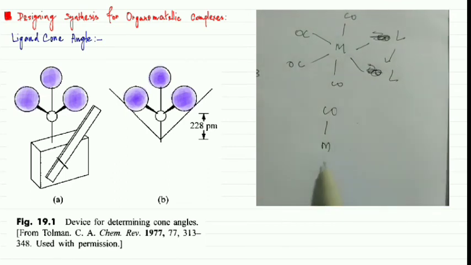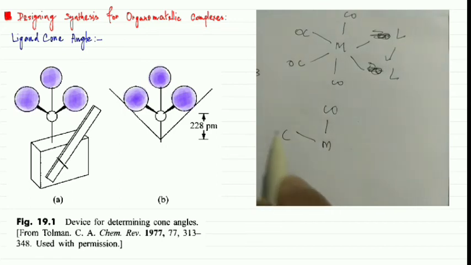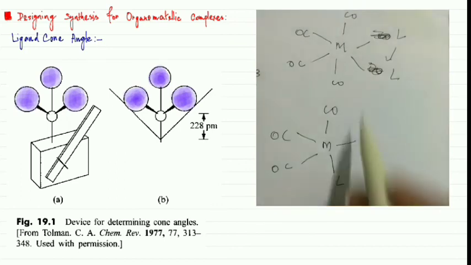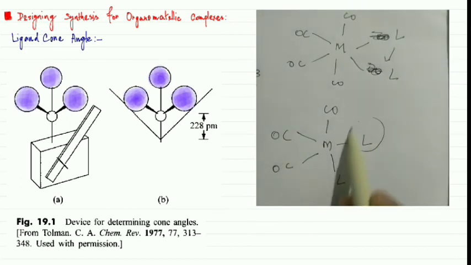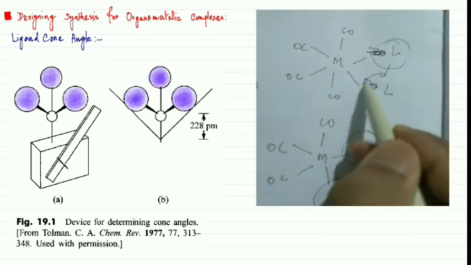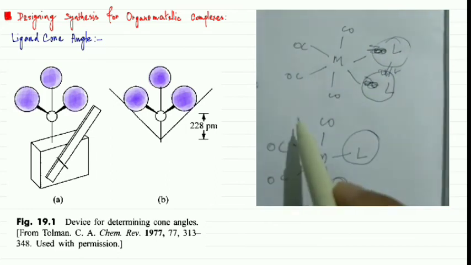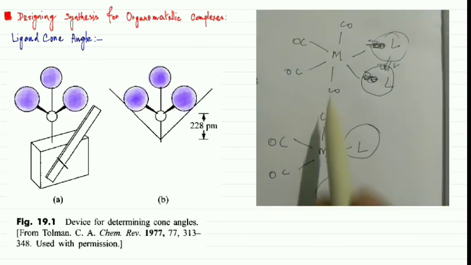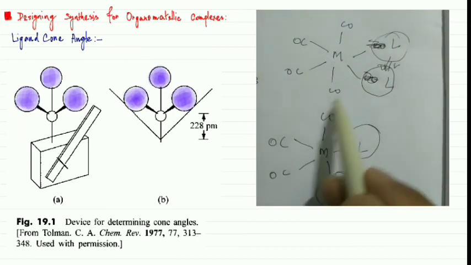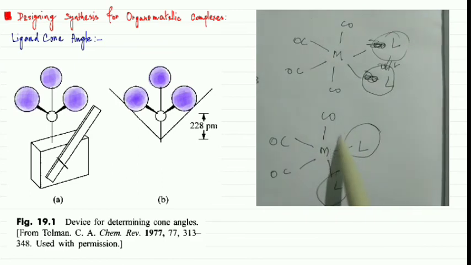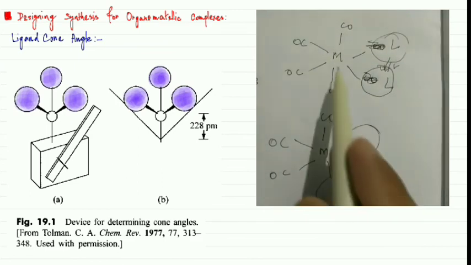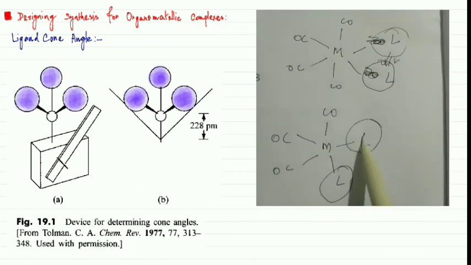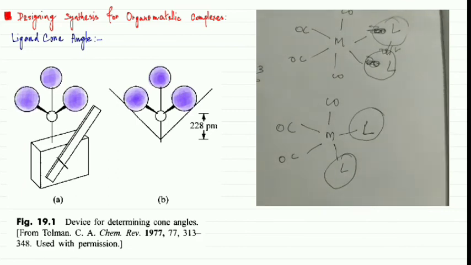We have to replace 3 by these 2 only, then they have sufficient room. Here they don't have sufficient room, so they repel each other. But because we additionally remove one more carbonyl, we remove 3 carbonyl ligands from this complex and replace them by only 2 ligands to get a stable product.